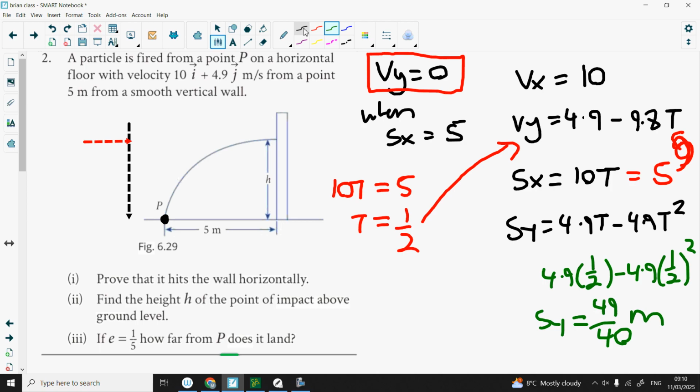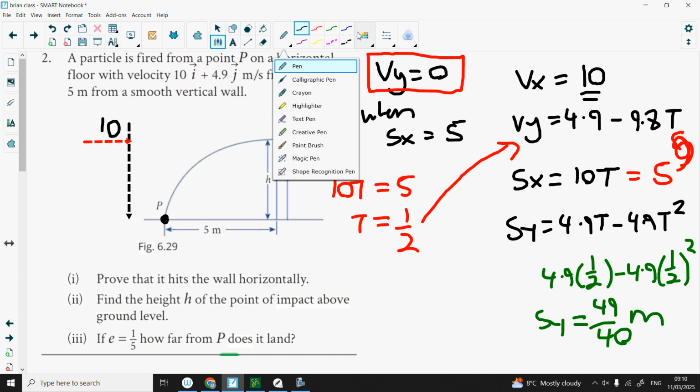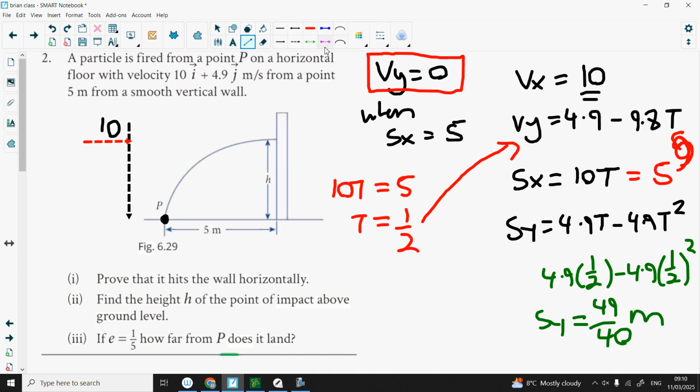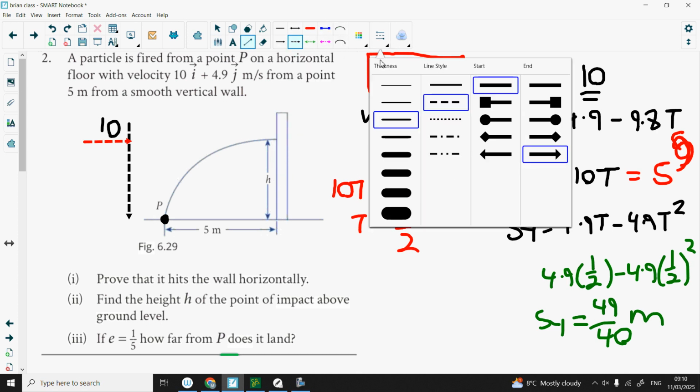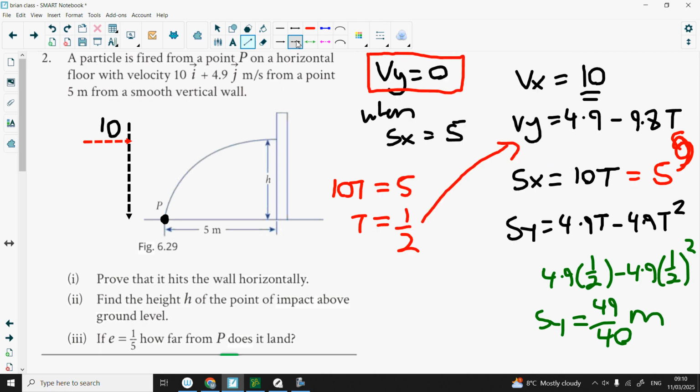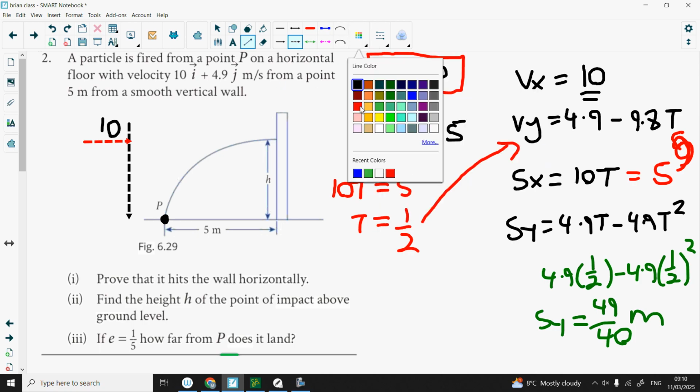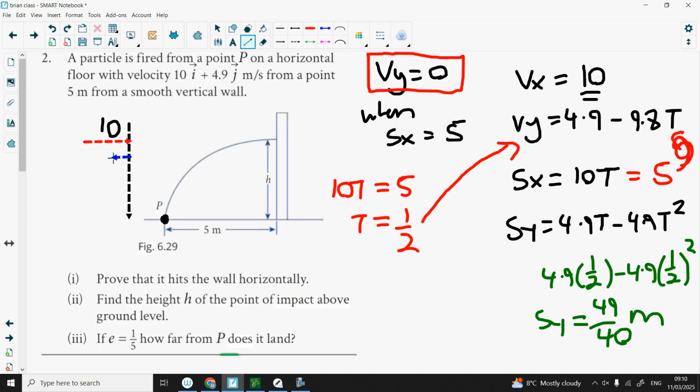What's Vx? Vx is 10. What's going to be our rebound velocity? Yeah, it's going to be 2. Why is it 2? e is a fifth. So it's going to rebound at 2.